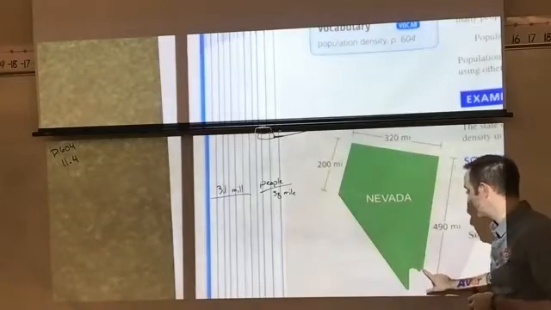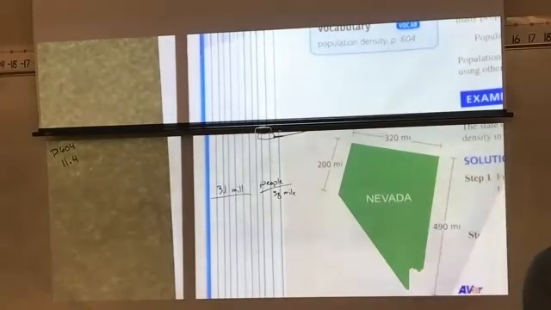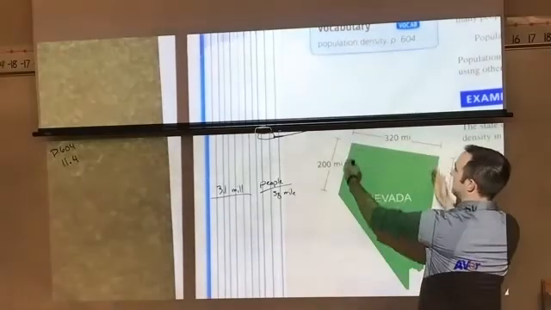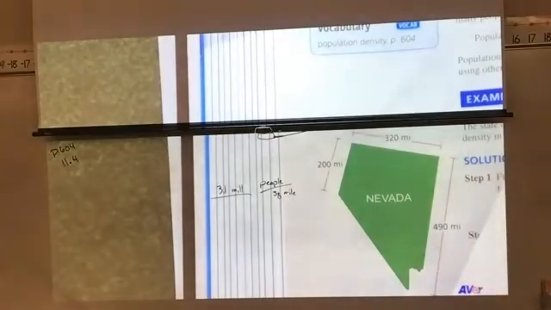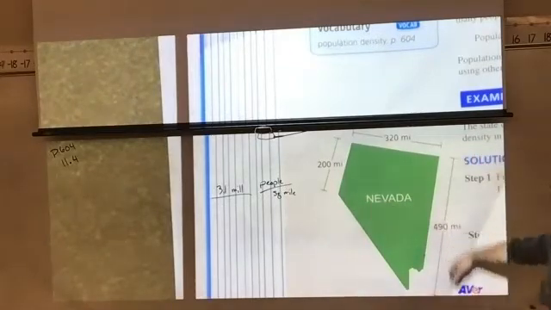If we fill it in here, we can think of this as kind of a trapezoid. You've got sort of parallel sides here, not technically, but kind of parallel sides. And really, we're just estimating, right? We're not finding exact numbers. We're estimating how many people per square mile in the state of Nevada. So we're looking at a trapezoid here.